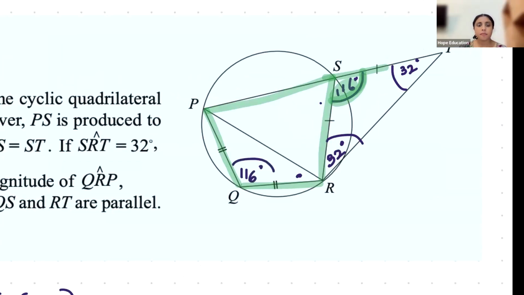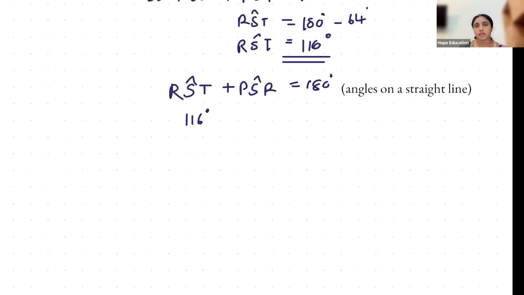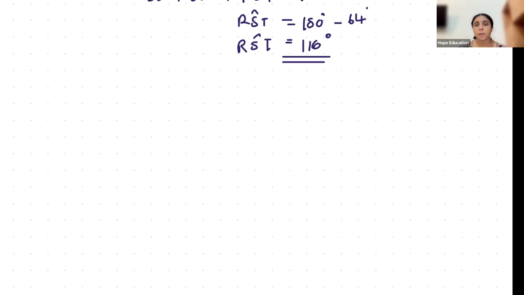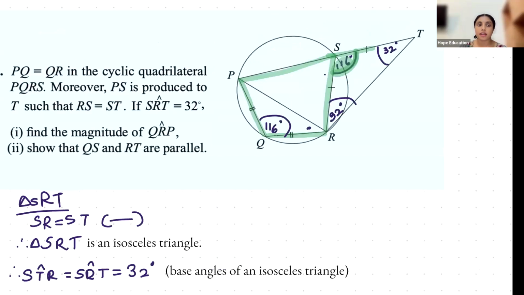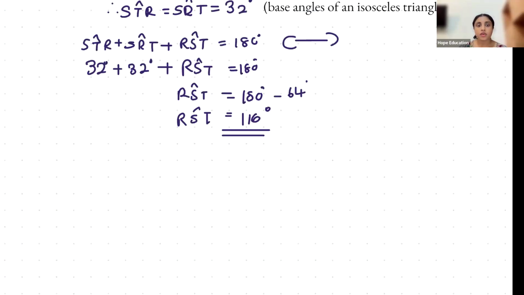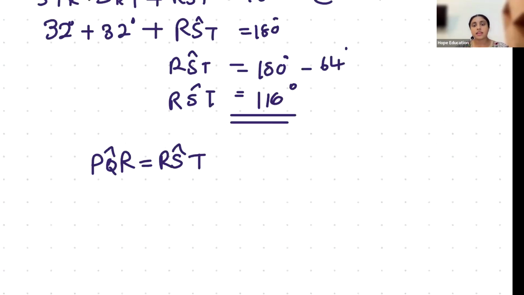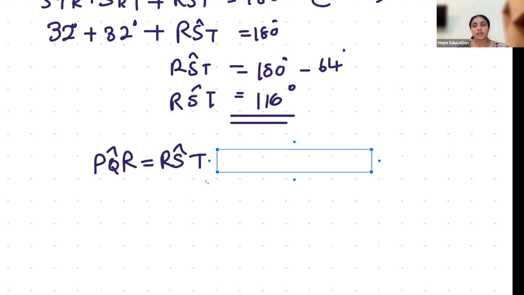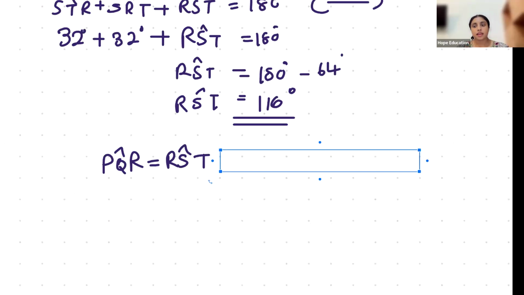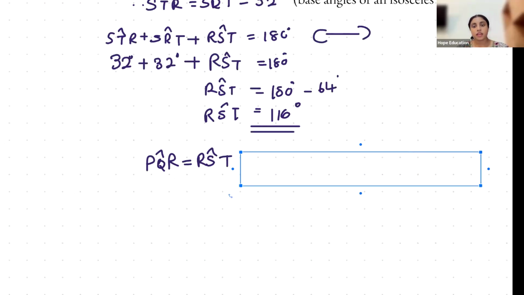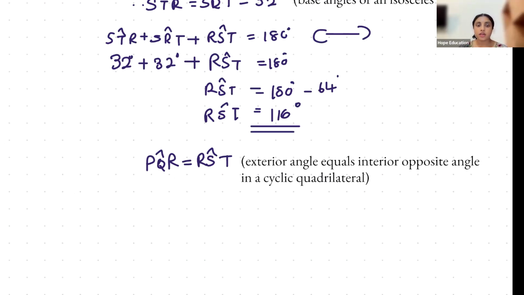Okay, so that step I was trying was unnecessary. So I can directly write PQR equals RST. Reason: exterior angle equals interior opposite angle in a cyclic quadrilateral. Therefore, now we know RST is 116, PQR is also 116.